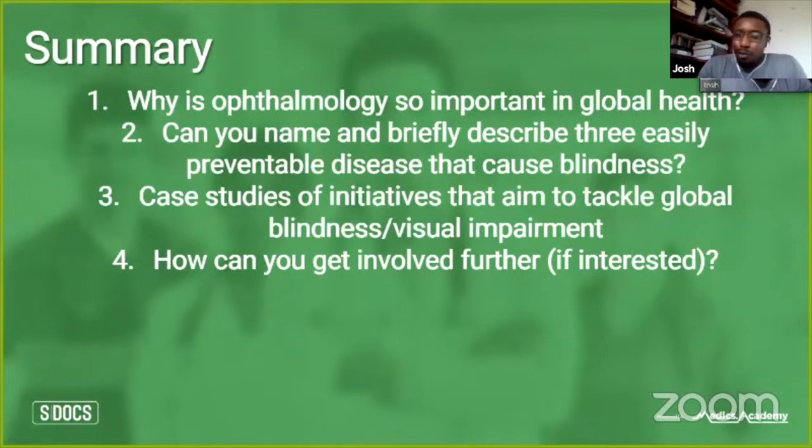If they haven't come across well, then it's probably my fault, because this is what I wanted you to be able to answer. 1, why is ophthalmology so important in global health? 2, can you name and briefly describe 3 easily preventable diseases that cause blindness? 3, name some case studies or initiatives that aim to tackle global blindness and vision impairment. And 4, if you are interested, how can you get involved further in global health ophthalmology?